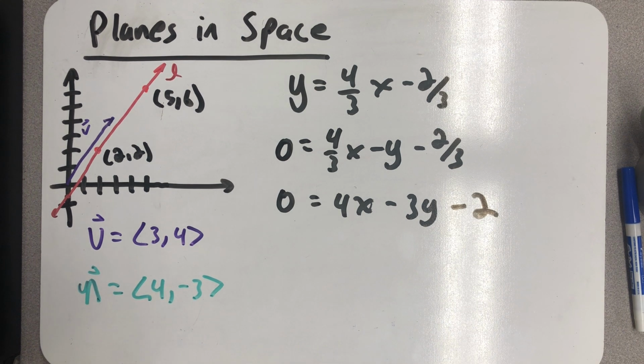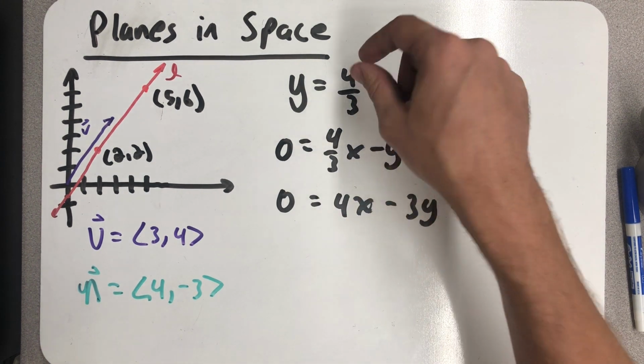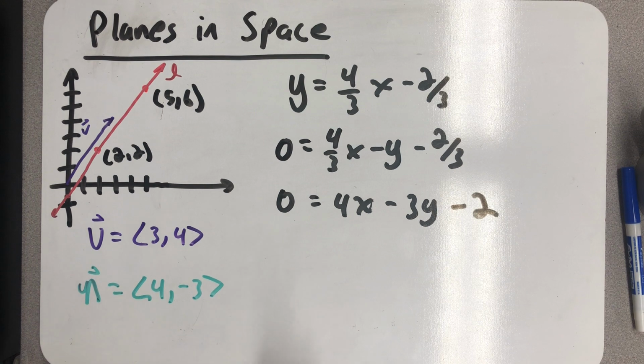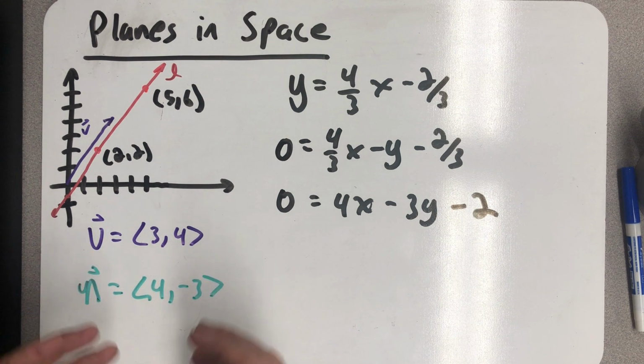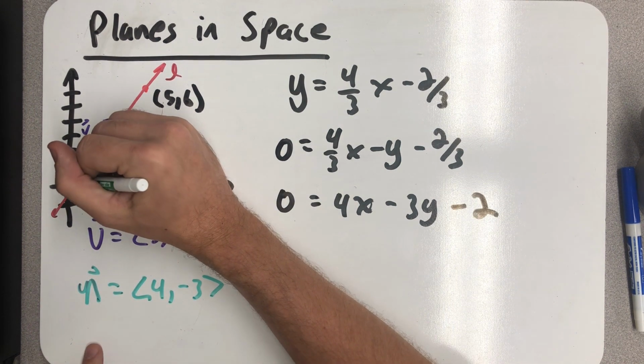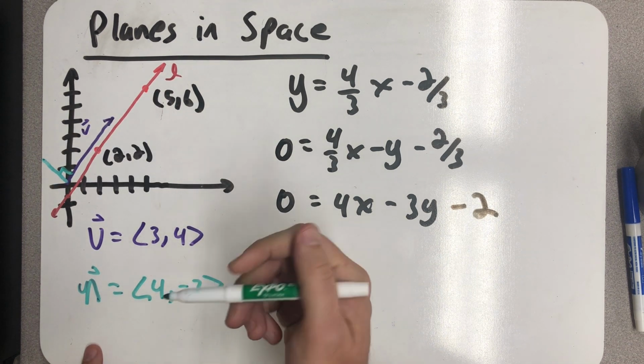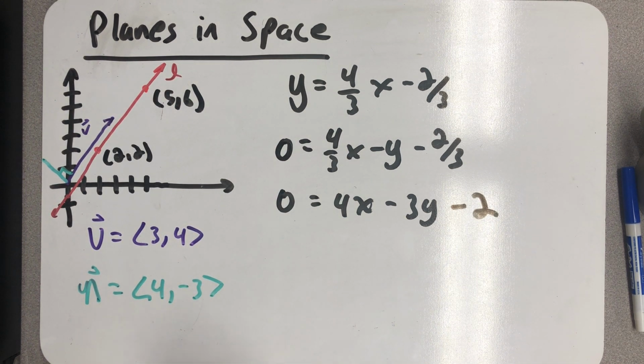Okay, well, if I think about these two vectors, I swapped the x and the y and made one of them negative. If I'm thinking in the language of slope, I flipped the top and the bottom and made one of them negative. These have to be perpendicular vectors. In the language of vectors, if I do a dot product, I get 0. And so I just created a vector that is perpendicular to v, also perpendicular to my line.